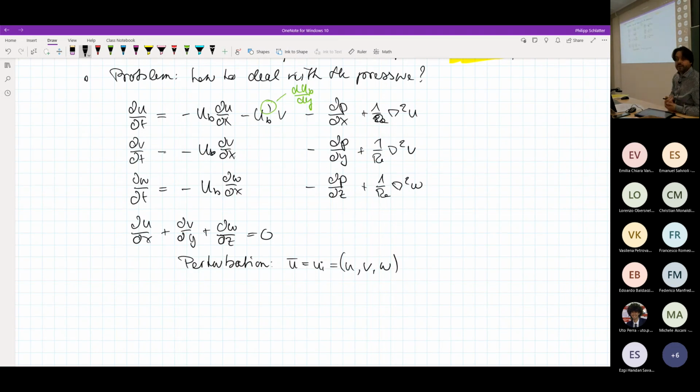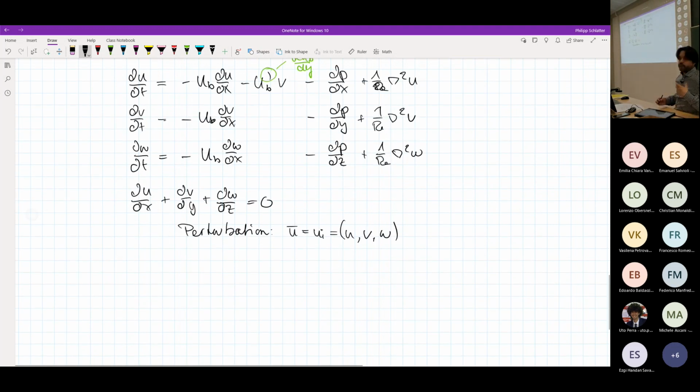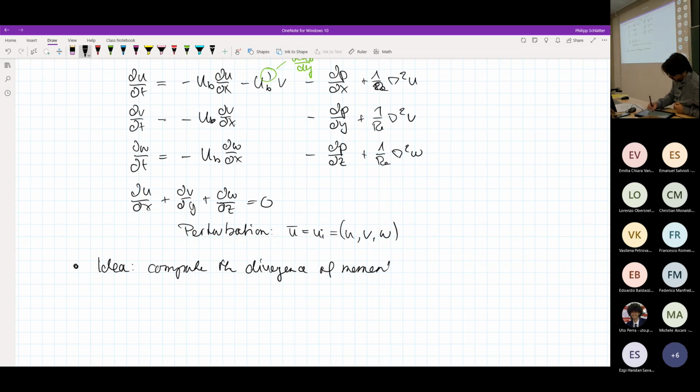Of the divergence is zero, as we know from continuity. So that's the usual trick when you want to get rid of the pressure. So the idea here is compute the divergence of the momentum equations.